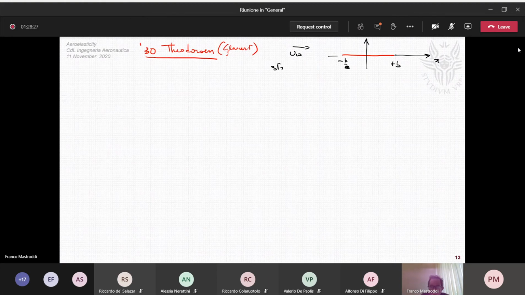So a straight airfoil, and a very simplified domain.